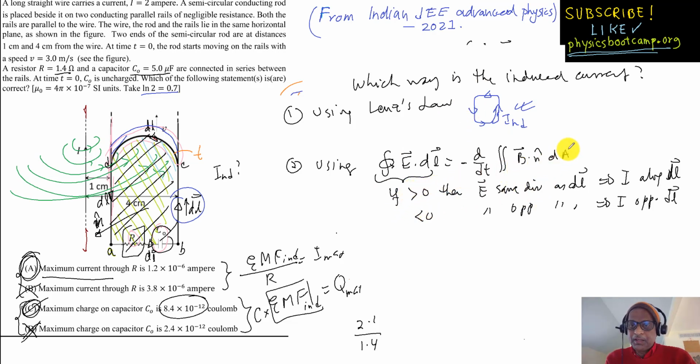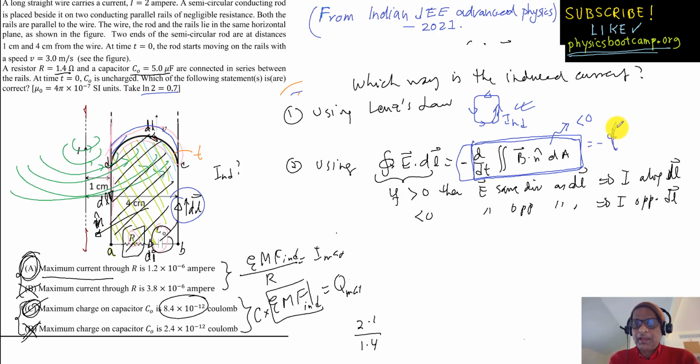So when we work this out, this quantity here, using this thing, this quantity was negative. This actually is less than 0. So this actually was minus, and minus that EMF we had. Okay, so this actually is positive.